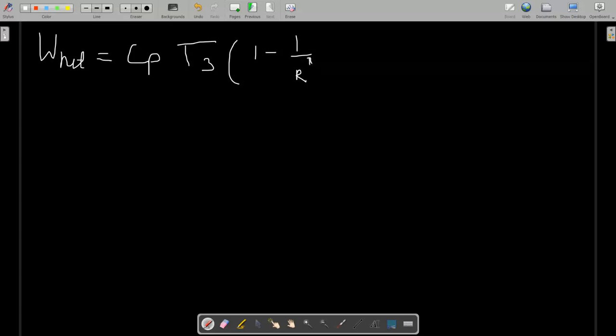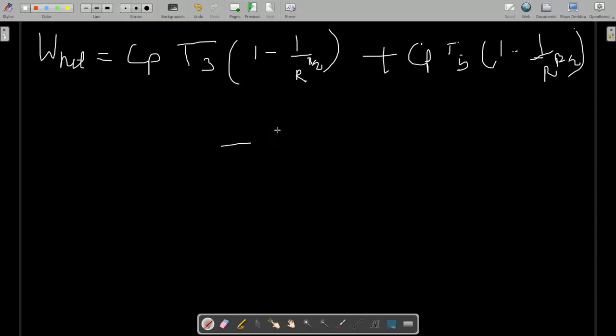I can write it like this, because the whole is raised to power B and this is a square root, so R power B by 2, plus Cp T5 common into 1 minus 1 upon R power B by 2, and minus Cp T2 into R power, sorry, R power B, not x.